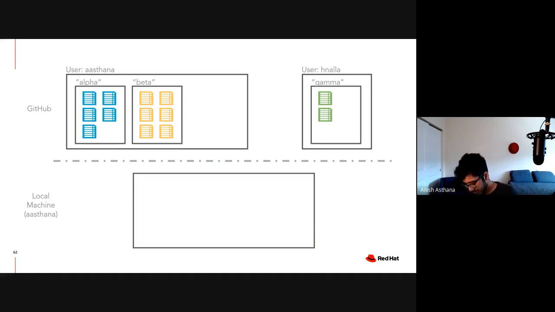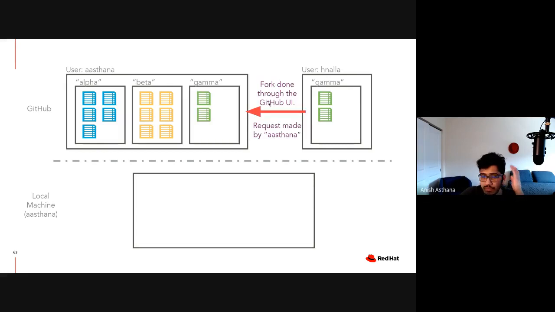So let's say here, H-Nalla refers to Harshad, but Harshad has a repo called Gamma that I want to contribute to. What I'll first do is create a fork of his repo on GitHub. Again, it's very easy through the UI. And what that does is it creates a copy of Harshad's repo under my name in GitHub.